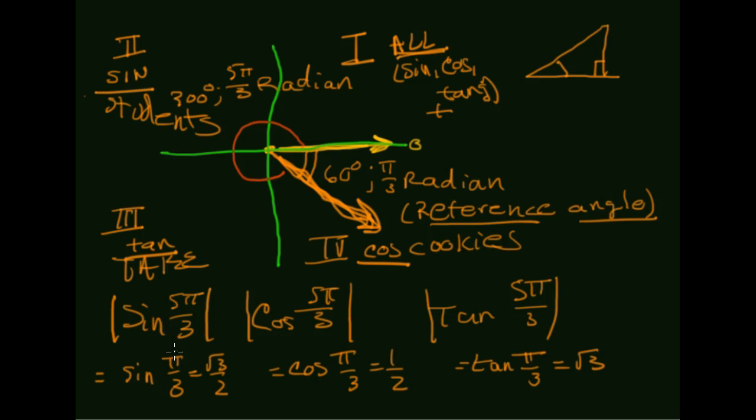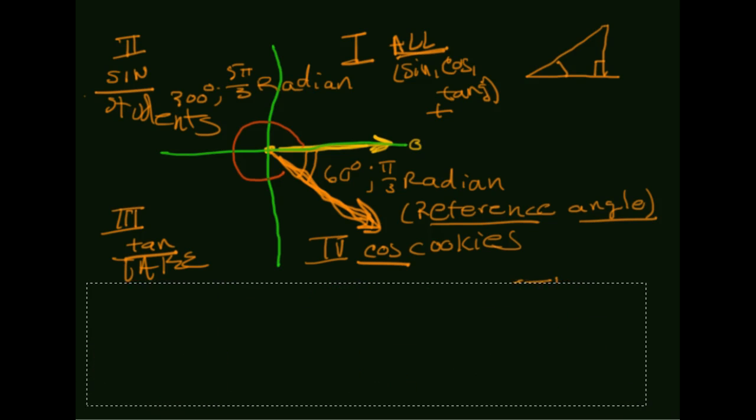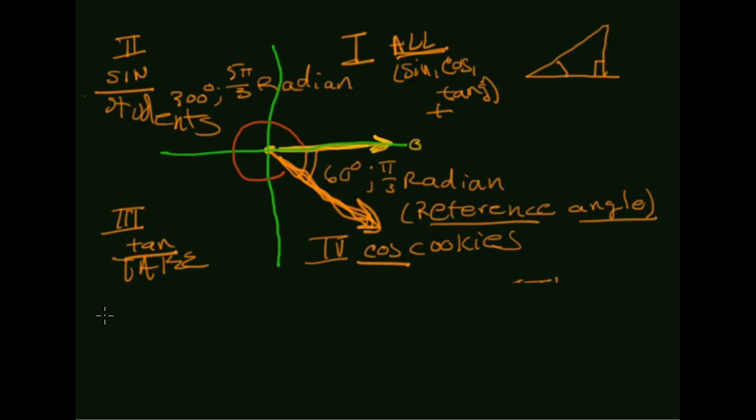So, what does this mean? This means that if I take off the absolute values here, right? So let's clear this out a little bit. If I take off the absolute values, the sine of 5 pi over 3 is the same as the sine of pi over 3, which is root 3 over 2, but it's going to be negative because I'm in the fourth quadrant here, and only the cosine can be positive.